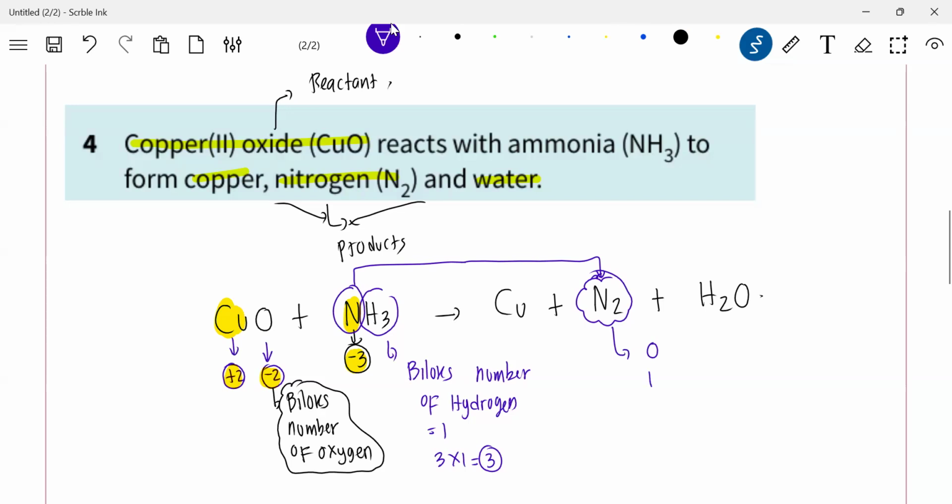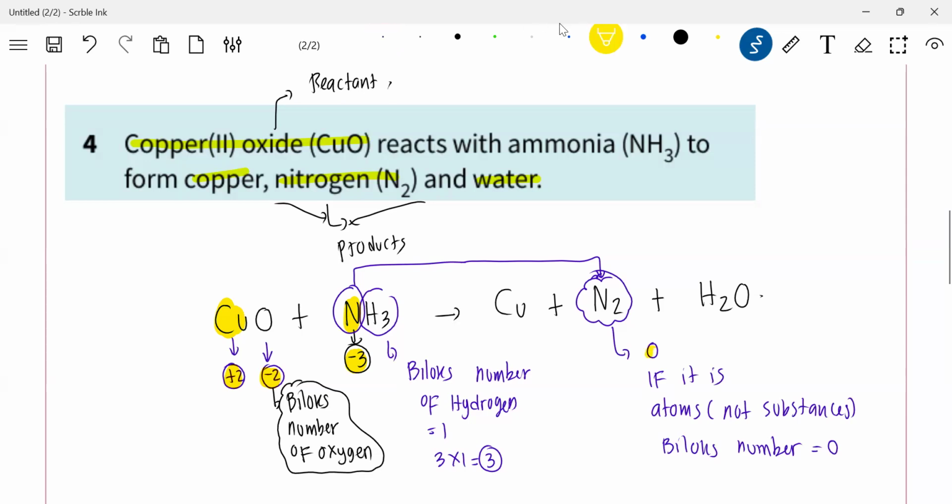So if it is atoms, not substances, the oxidation number is 0.